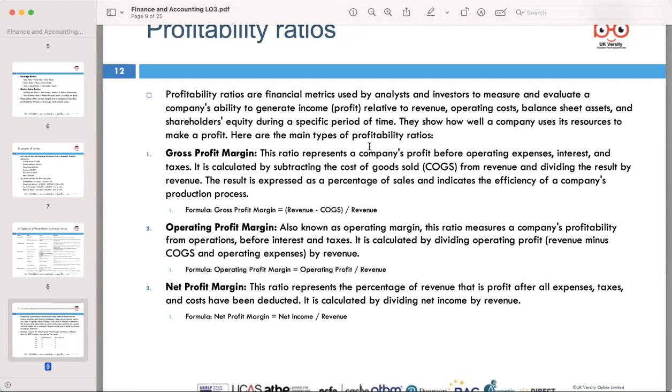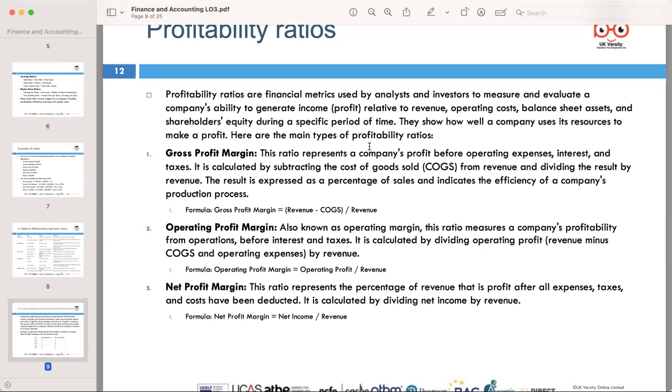Profitability ratios are financial tools used by analysts and investors to assess how well a company generates a profit in relation to its revenue, expenses, assets, and equity within a specific time frame. These ratios help us understand how effectively a company utilizes its resources to make a profit.